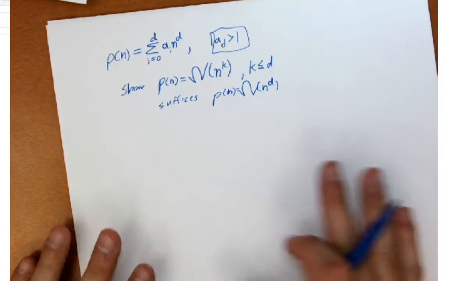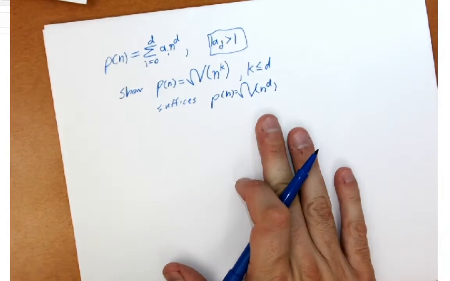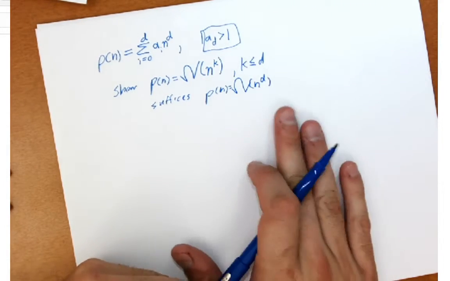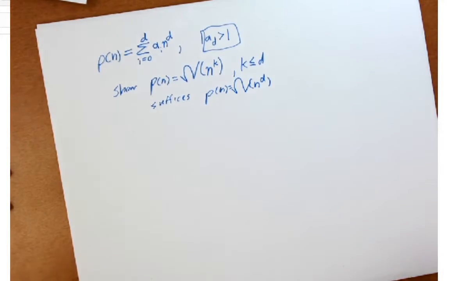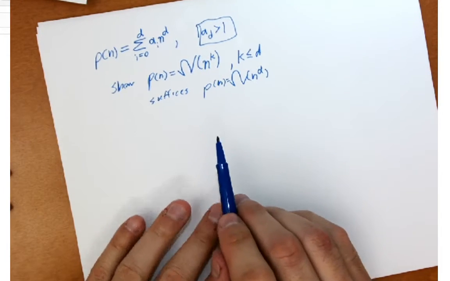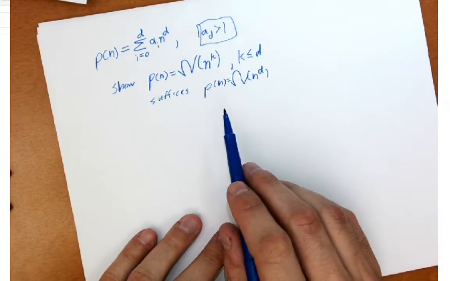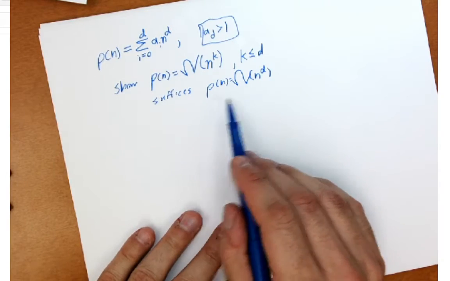I wanted to get through this kind of proof because you're going to have to know things like this. The first thing we want to do is restate this as an inequality.